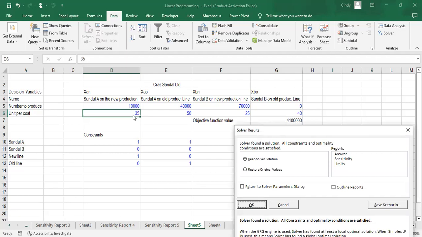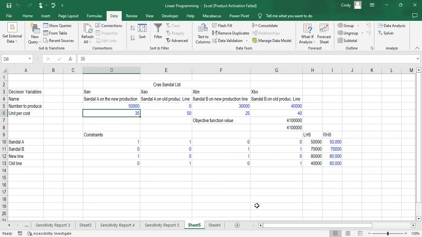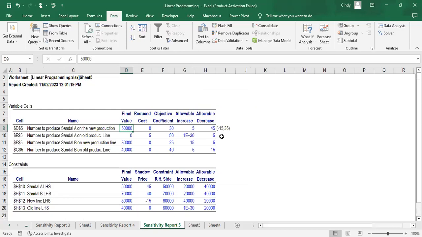So this is telling us that if we want to produce the same quantity but want to reduce the cost, then it should be within the range given by the allowable increase or decrease. Else, anything on the boundary or outside the range, you are going to get a change in the final value. So you can do an experiment on your own for the rest. Look for the range and try it on your own and see.